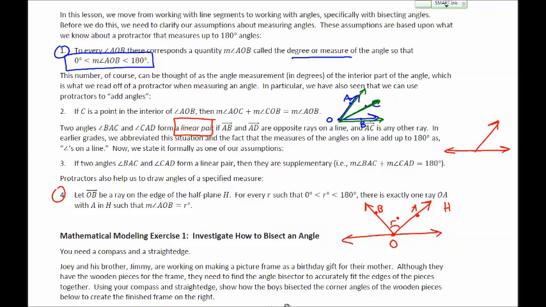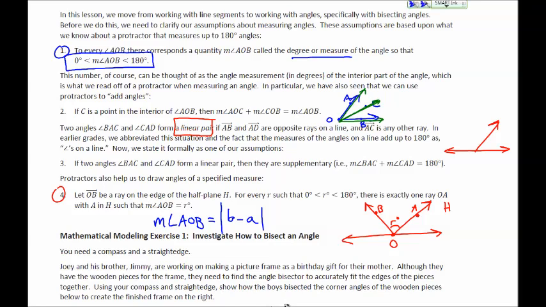Now, the point I want to bring up is that the measure of angle AOB is equal to the absolute value of the degree of one ray minus the degree of the other ray. So for every ray, there is a degree. If you find the difference between those, that'll give you the measure of the angle.